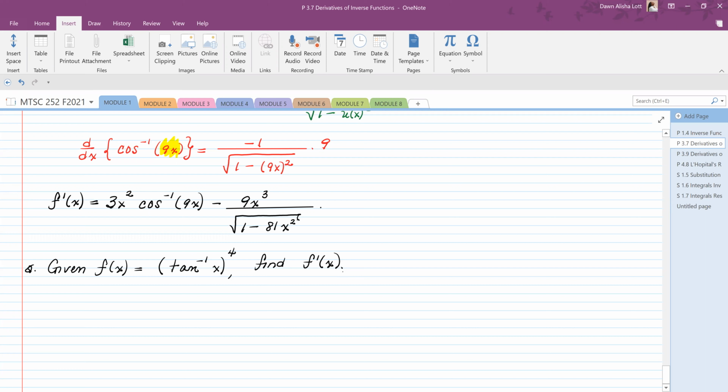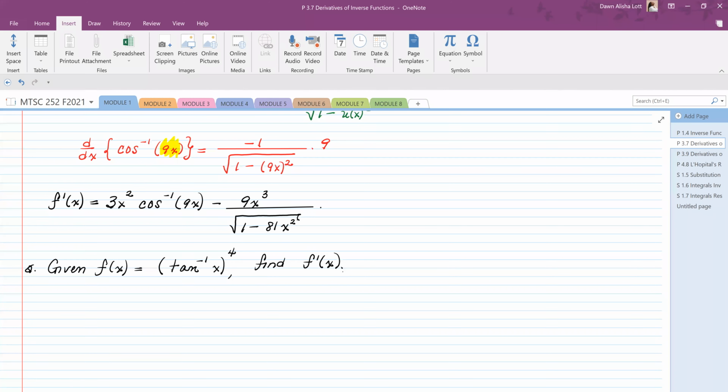Anybody want to attempt to help me here? Well, for starters, if we're going to make use of the chain rule here, we should start by placing 4 and then placing parentheses.